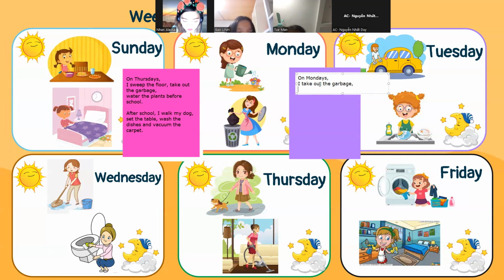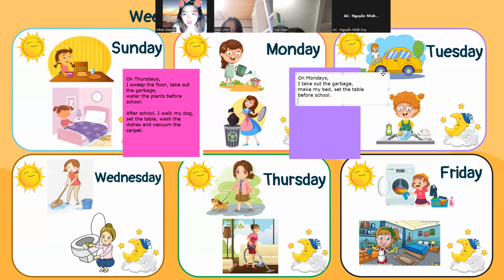I make my bed. I set the table before school.